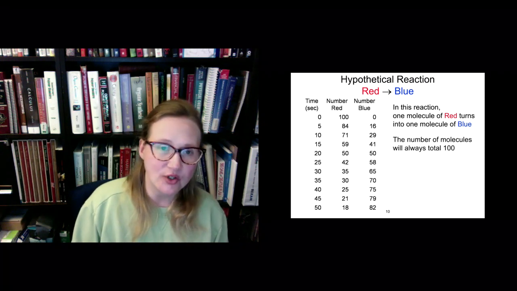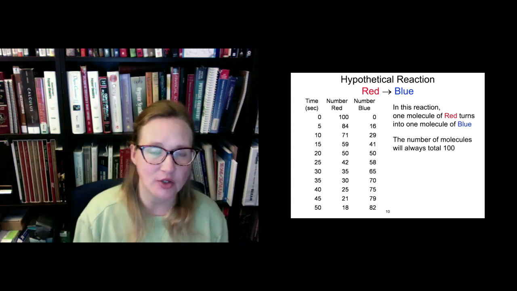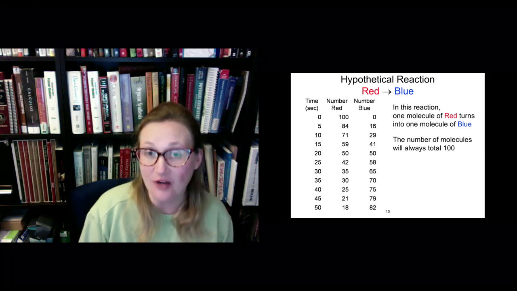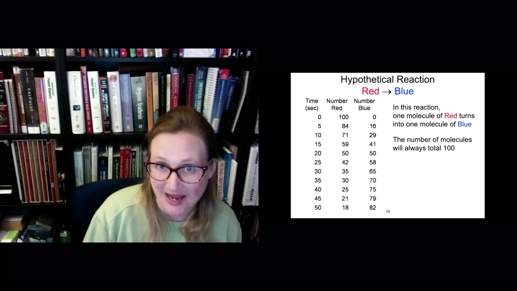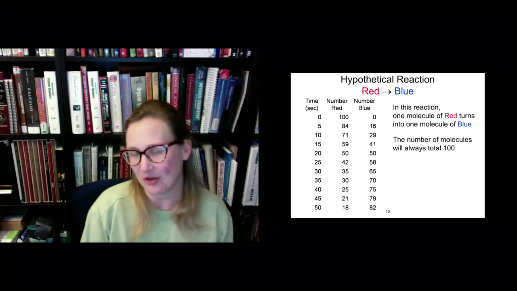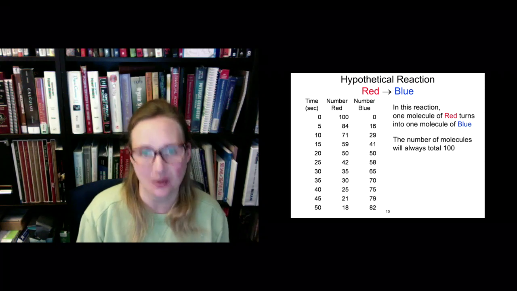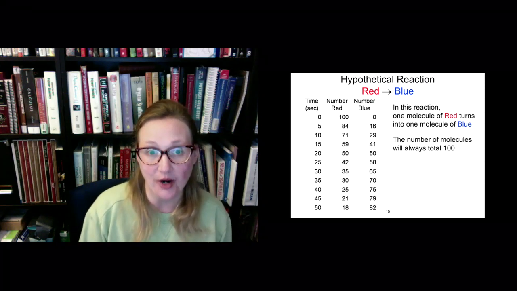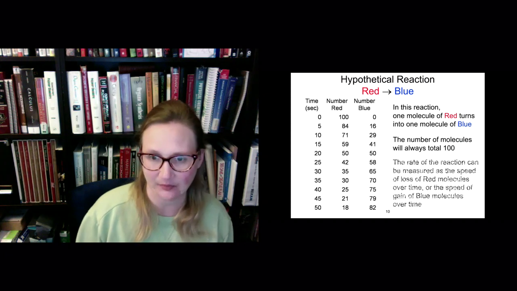We're assuming that 1 molecule of red turns to 1 molecule of blue. That means that we'll always have a total of 100 molecules because of the law of conservation of mass. So we can't have more than we started with or less than we started with. It has to go somewhere. So here we'll have 100 molecules of red that go to 100 molecules of blue eventually.